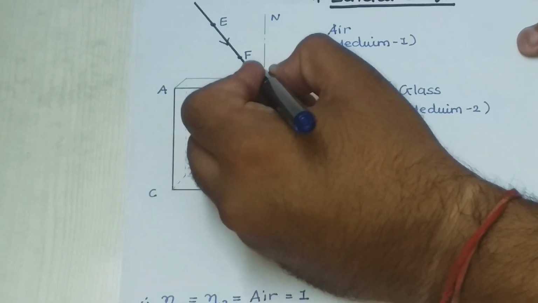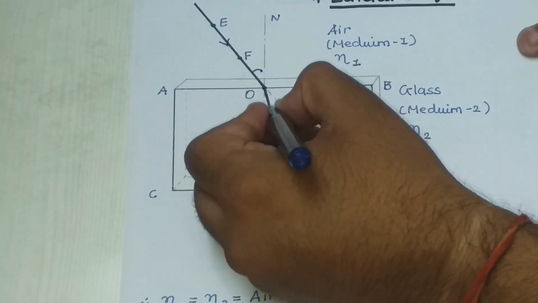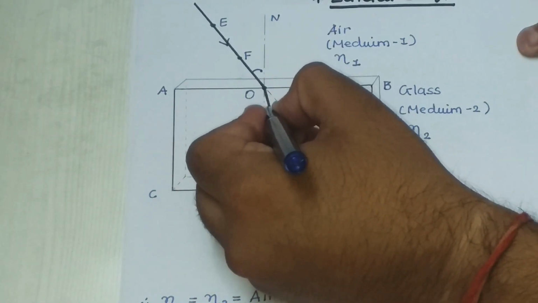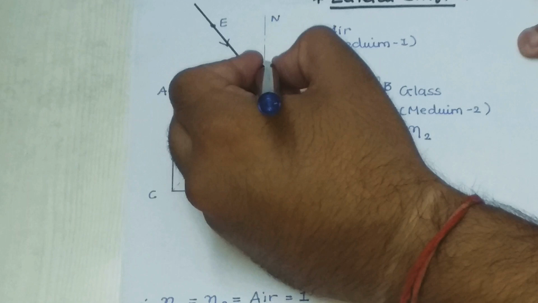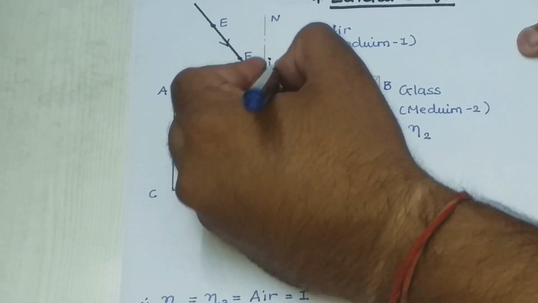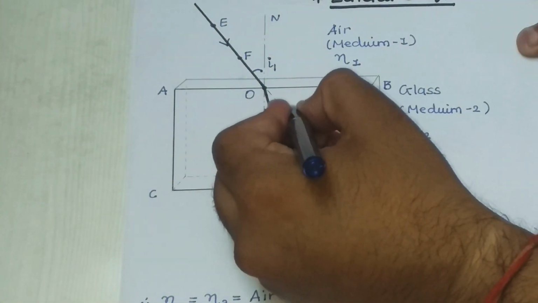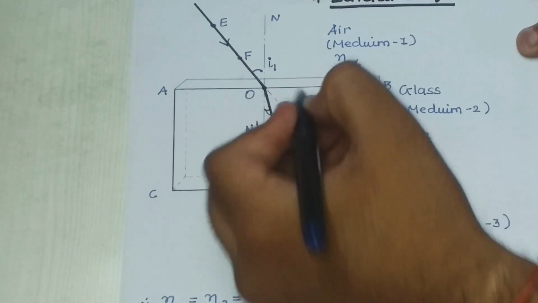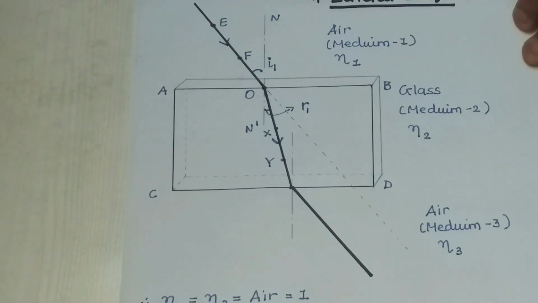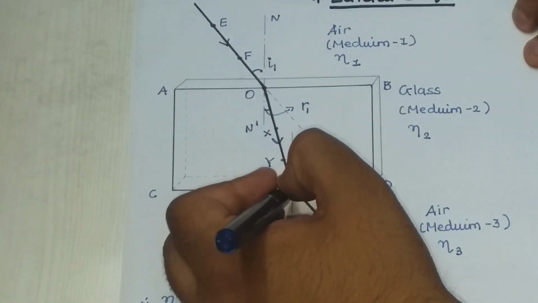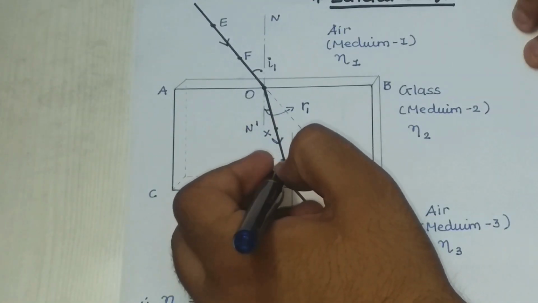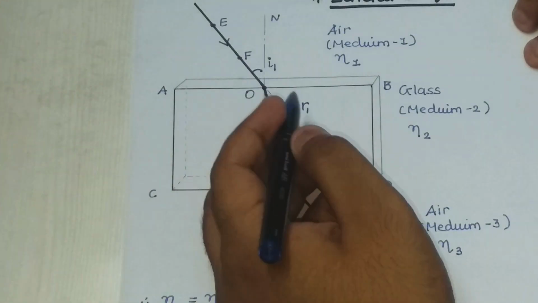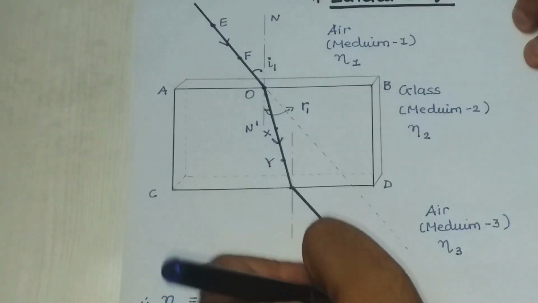Now at point O there are two angles. Let us name the first one I1 and the second one R1. I1 is known as the incident angle and R1 is known as the refracted angle. Now this refracted ray XY is again coming from glass to air.